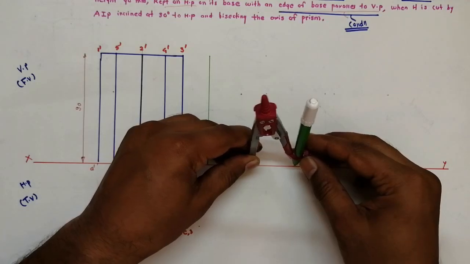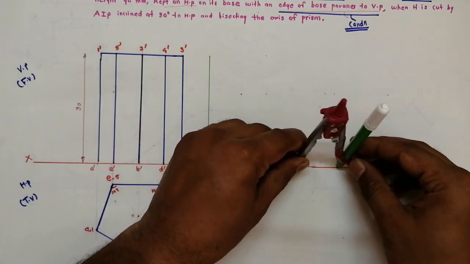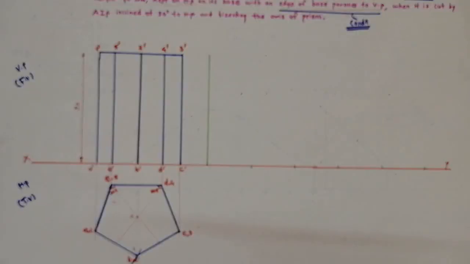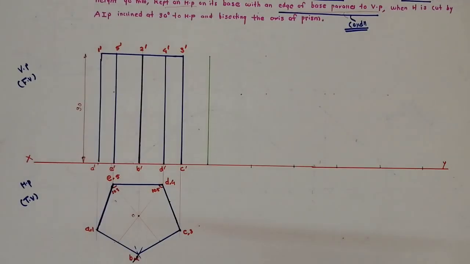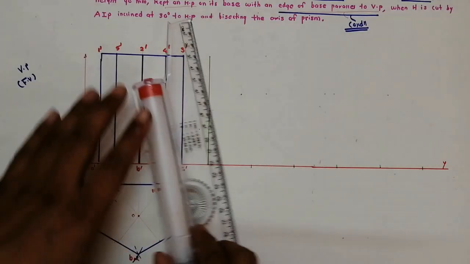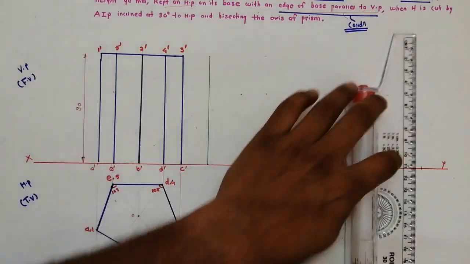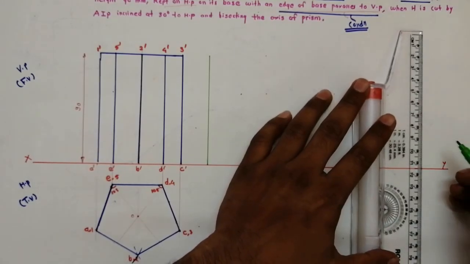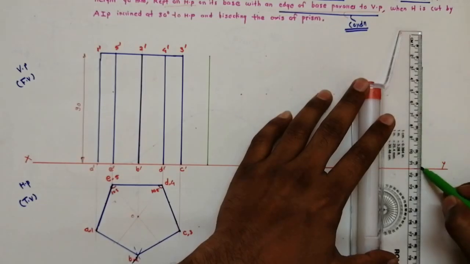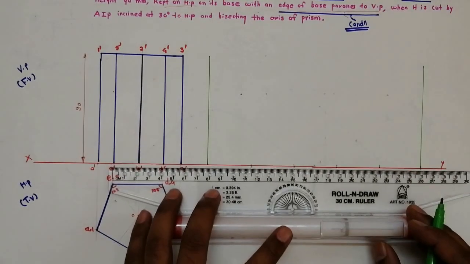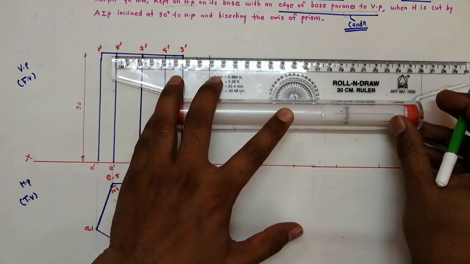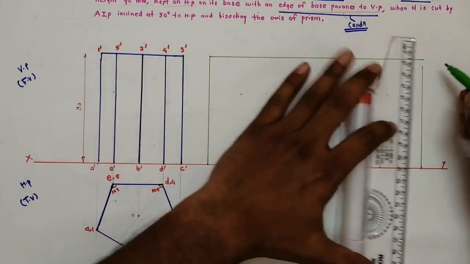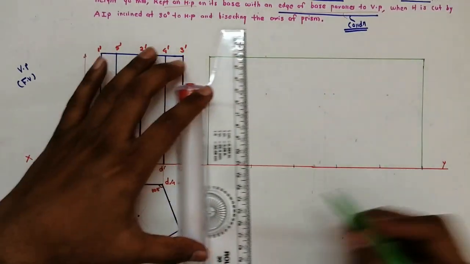So this is 1 2 3 4 and this is 5. Okay, so we have marked here 5 intersections. Okay, so the parallel line from this one, complete first the basic development.